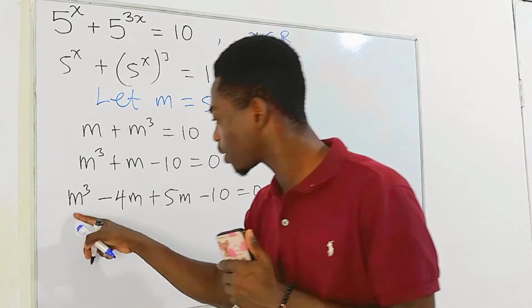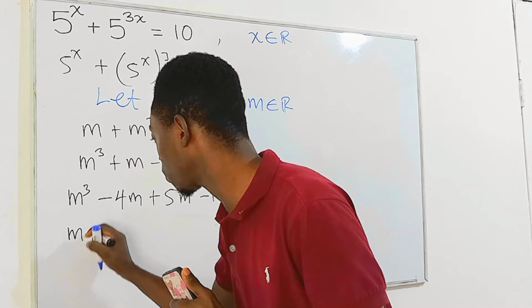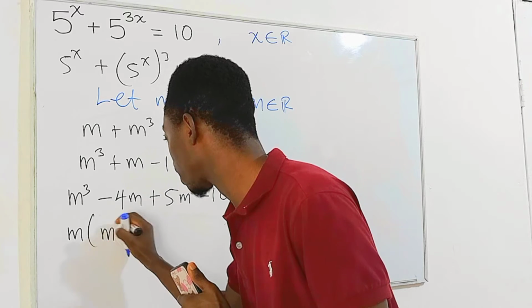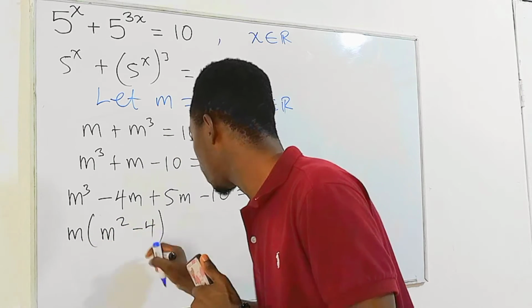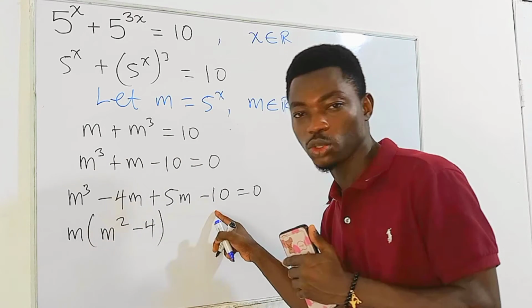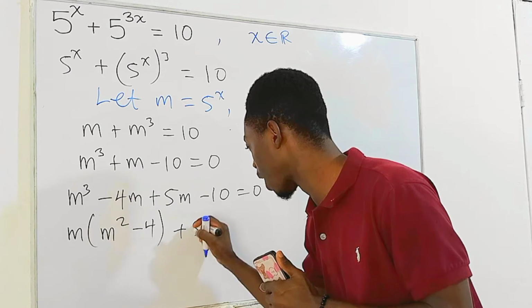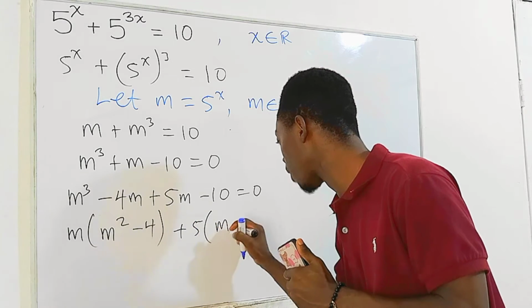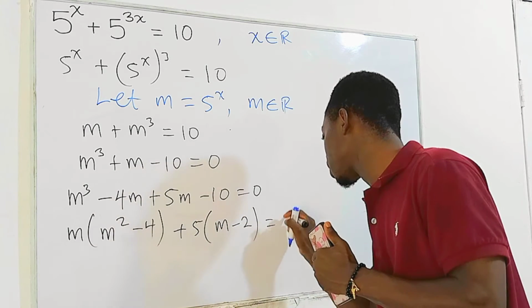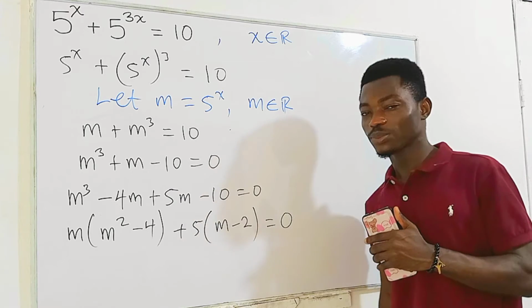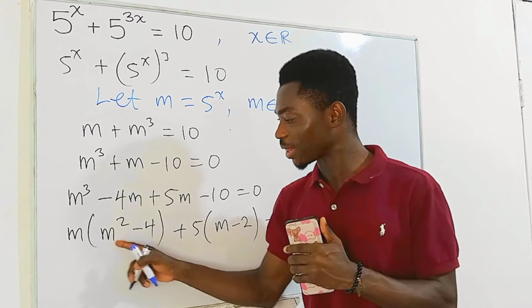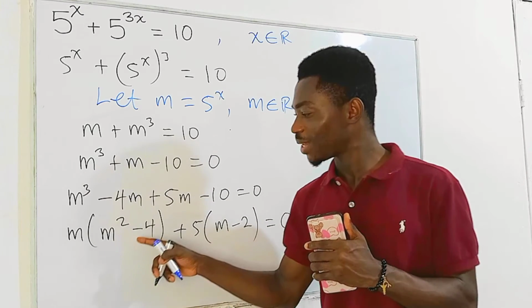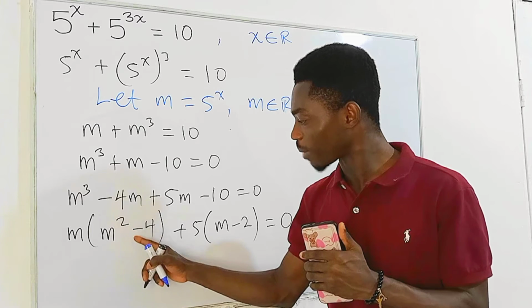So for these first two terms, I will just take m out. Then the inside will be left with m squared minus 4. Then for these remaining two terms, we can just take positive 5 out. Then the inside we have m minus 2. And this is equal to 0. Now, let's consider all the terms in this parenthesis. We see that we have m squared minus 4.